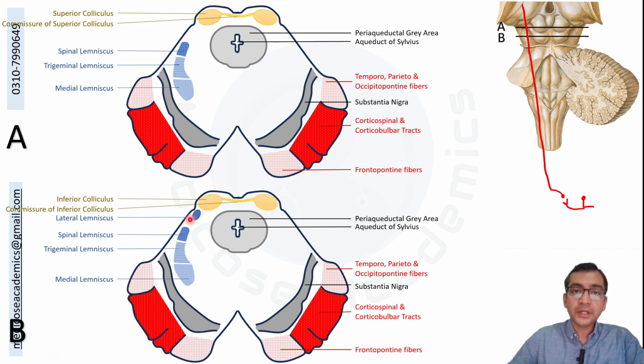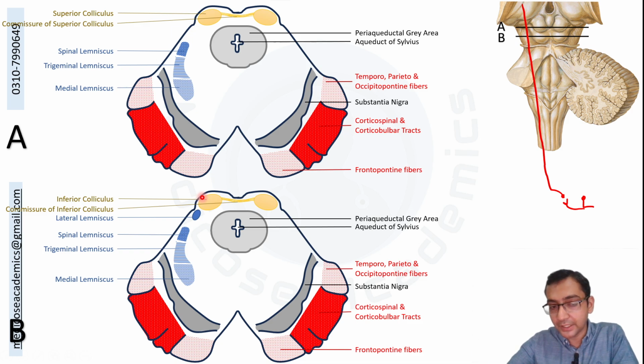Now, if you remember, this inferior colliculus is related to the auditory system, and this is related to the visual system. The lateral lemniscus relays with the inferior colliculus, and it terminates by going into the inferior colliculus, and after that it will move through the inferior brachium and the medial geniculate body.